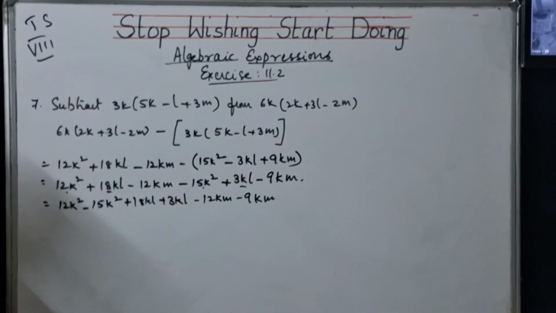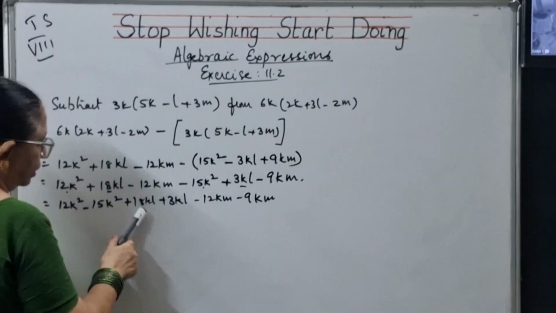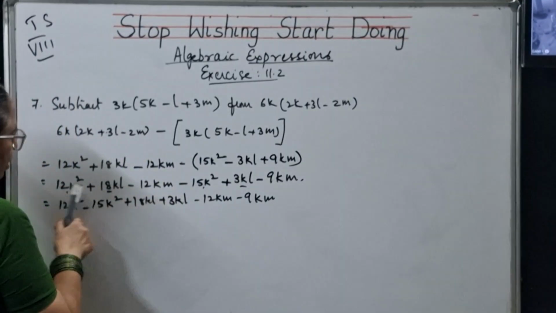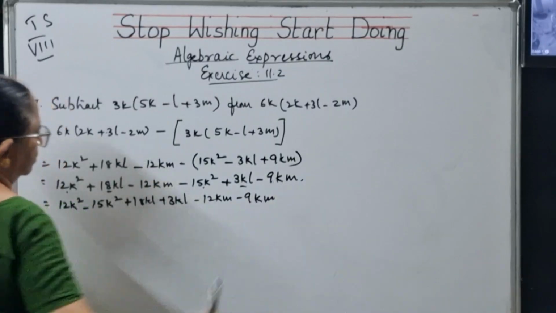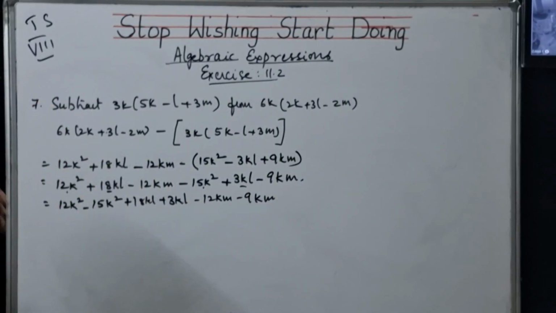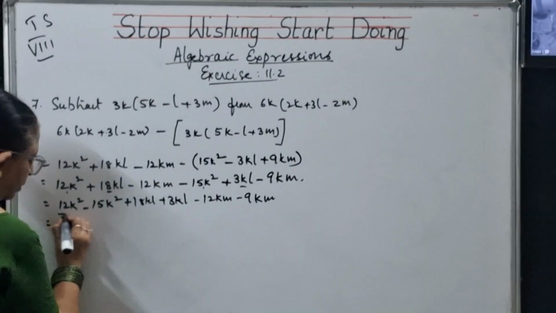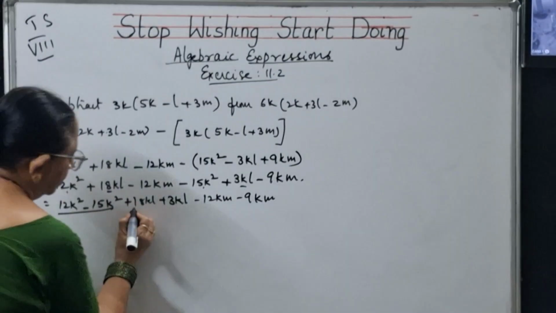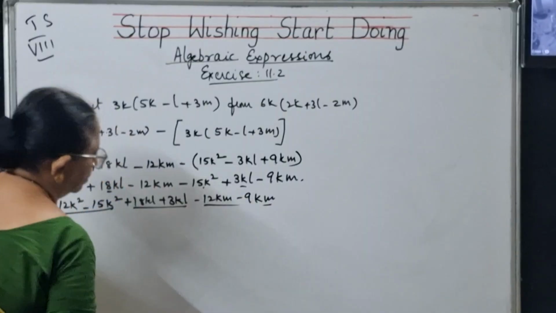Let me see whether I have written all by counting 1, 2, 3, 4, 5, 6. If you count like this, you will understand that we have taken all together. These are the same terms.